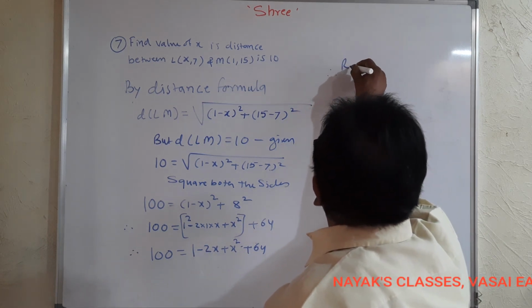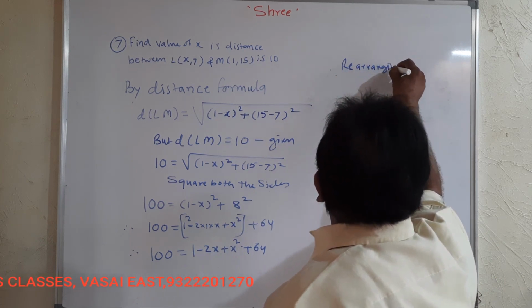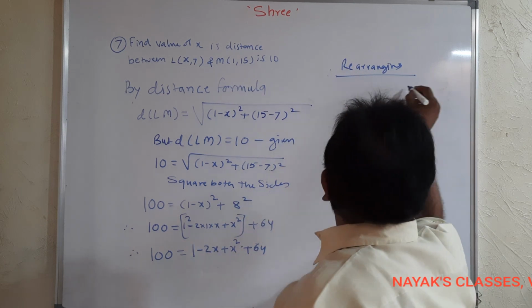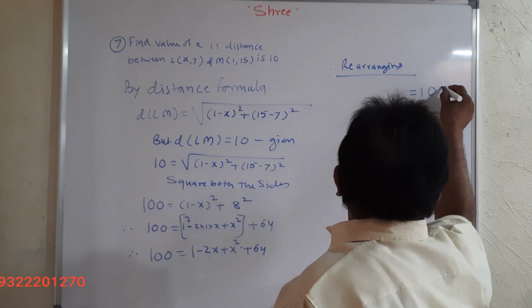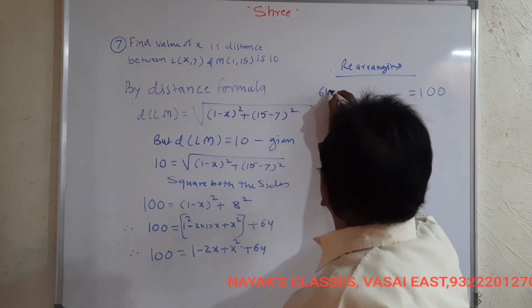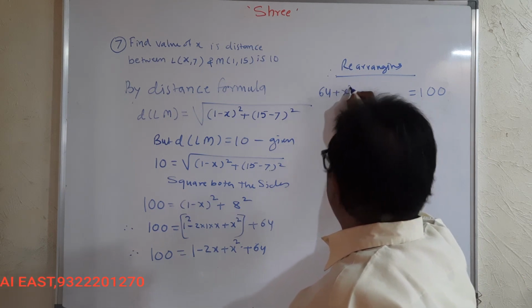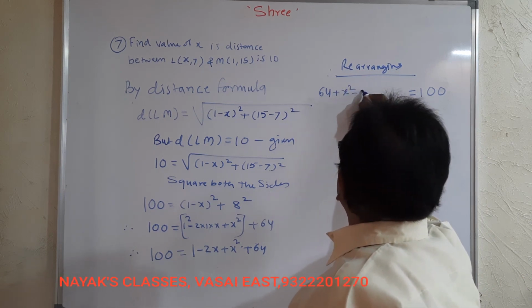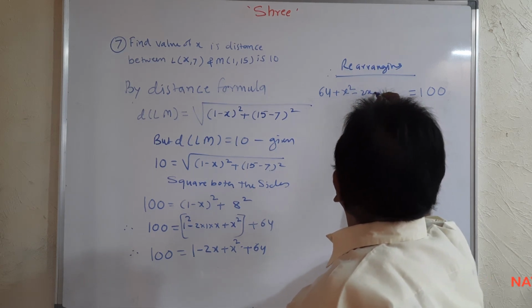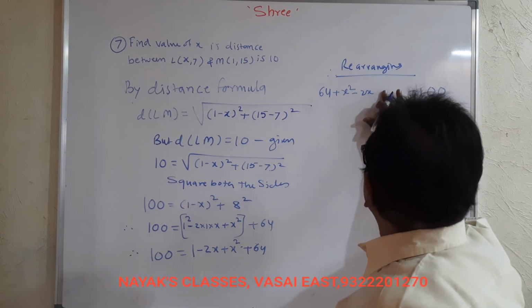Rearranging, it will be 100 is equal to 64 plus x square minus 2x plus 1.